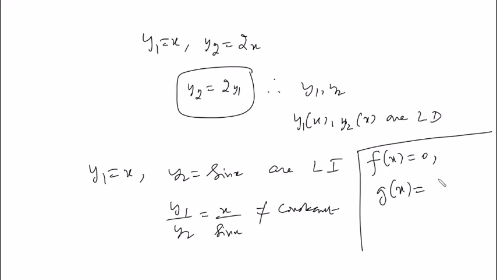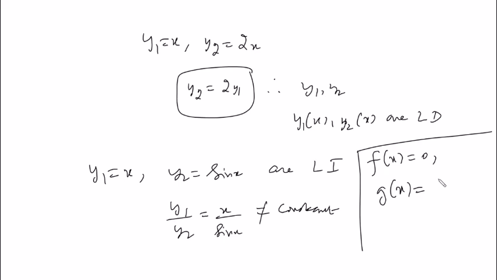Calculate it mathematically and see. f(x) upon g(x) will be 0. So 0 is a constant or not? So it's LD.